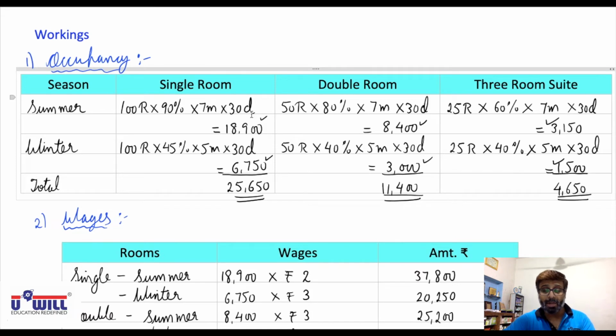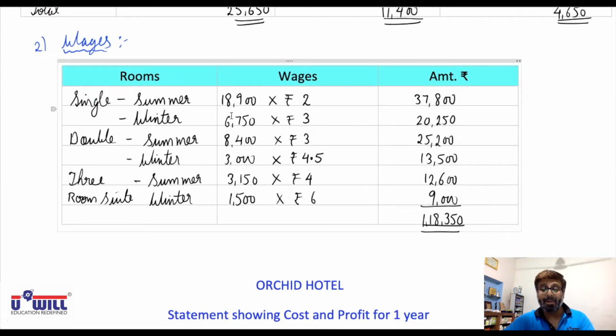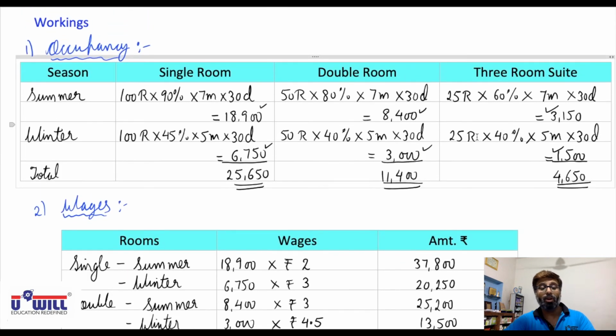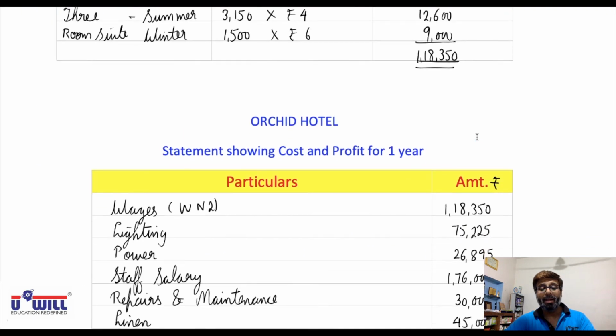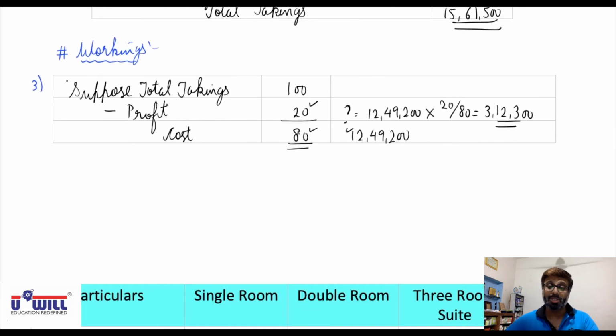Means this 18,900 already includes 210 days factor of 100 rooms. So therefore 18,900, 6,750, all these already include 210 days. Therefore directly we will multiply with rupees 2 per day and get the wages which we shall be paying to the room attendants. For that purpose we have done occupancy calculation in the beginning. Otherwise rest of the calculations are exactly same as previous questions.